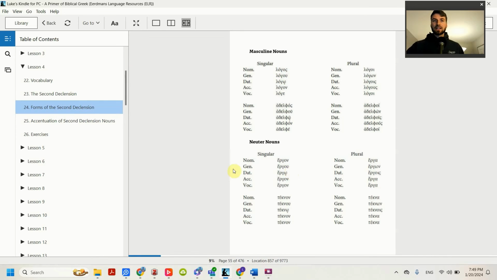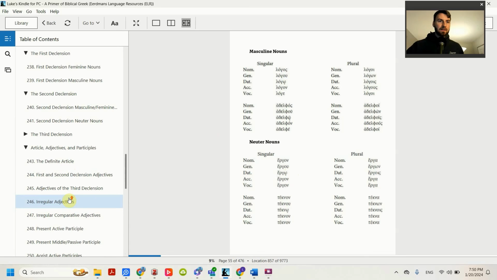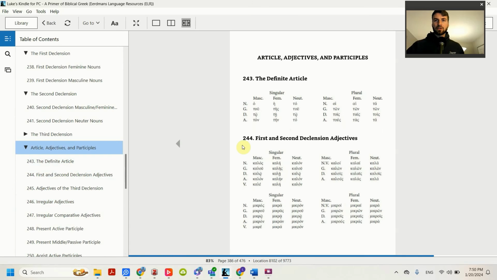In the next lesson, we'll have the article, which was in our paradigm, if you noticed that. Let's go here. The article up here. The article is almost identical to the noun endings.